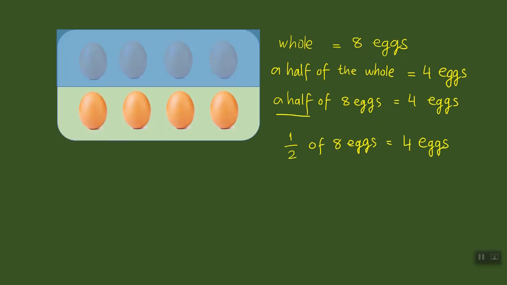Now you see this picture is different than before. The x is still the same, the whole is also still the same, but the blue layer is different. But the blue layer is also a half of the whole. The blue layer covers half of the whole.